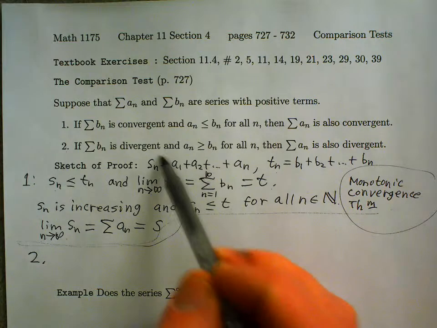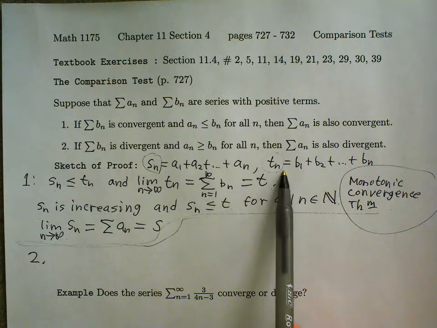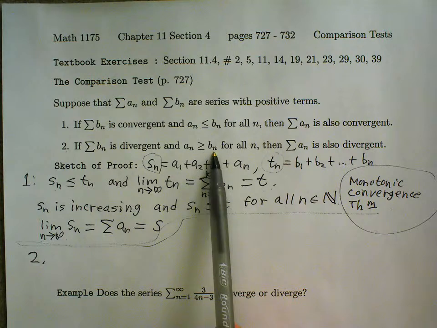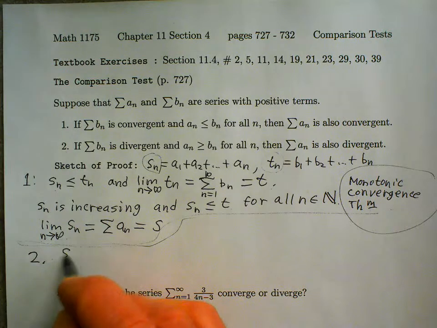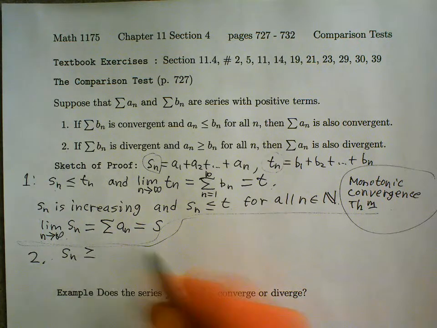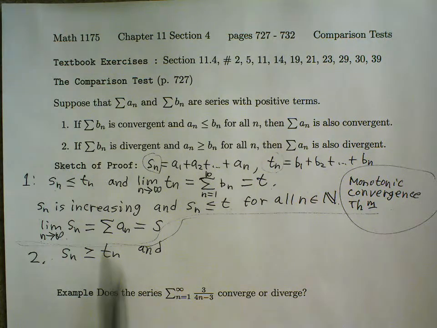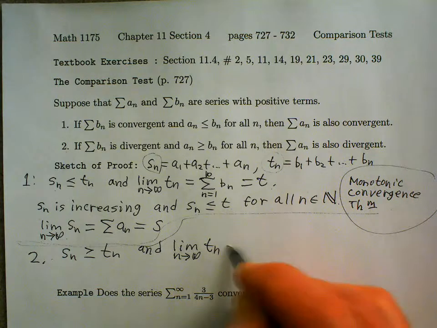Okay, so we'll use S sub n the way we did in the first part, and T sub n also from the first part. But this time, a sub n is greater than or equal to b sub n. So for part 2, that means S sub n is greater than or equal to T sub n. And since the b sub n series is divergent, the limit as n approaches infinity of T sub n is equal to infinity.